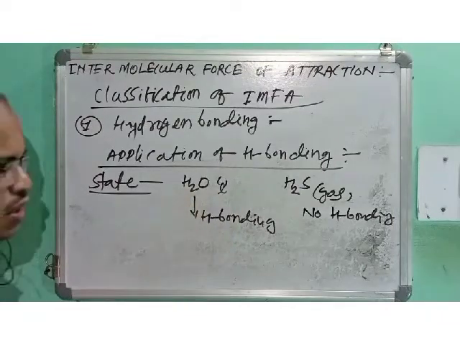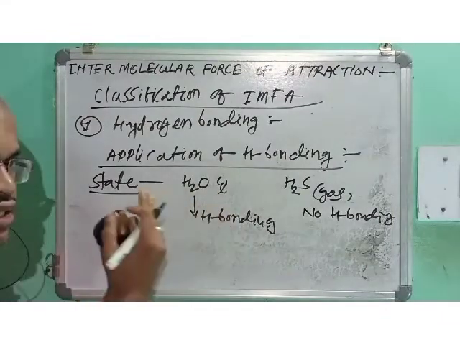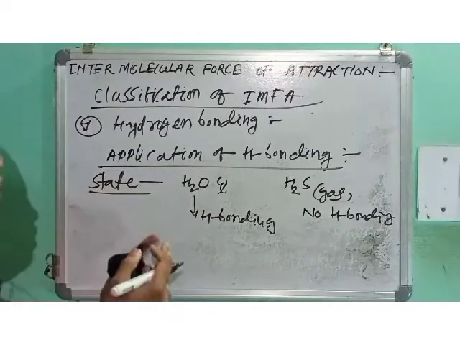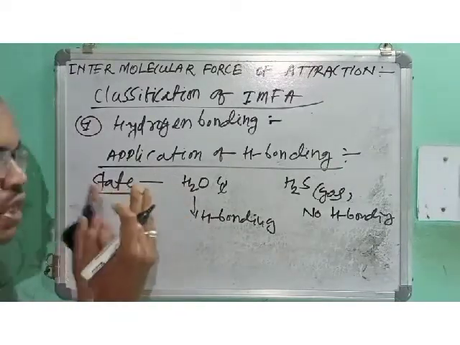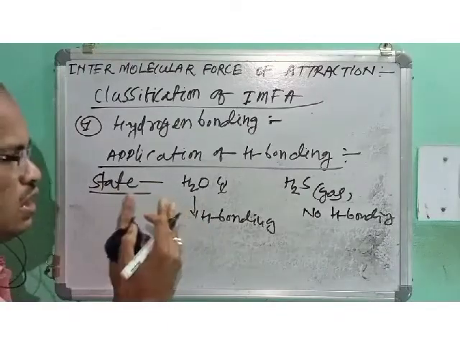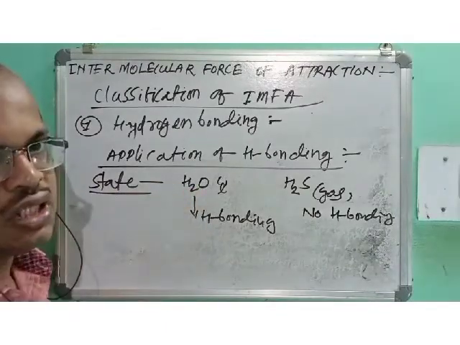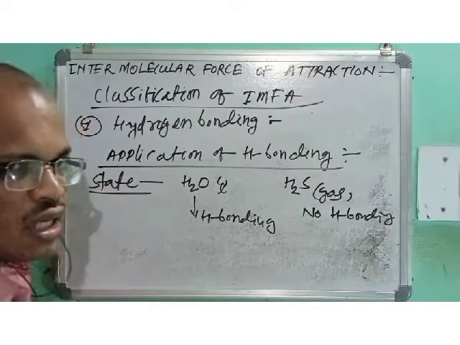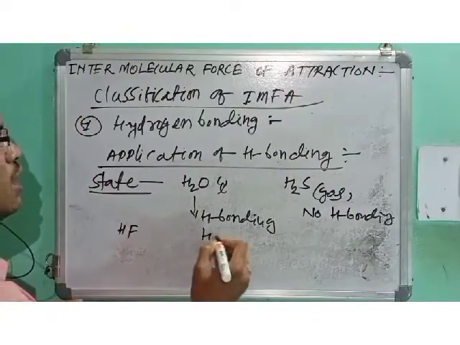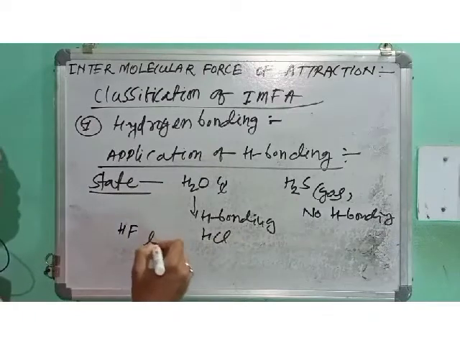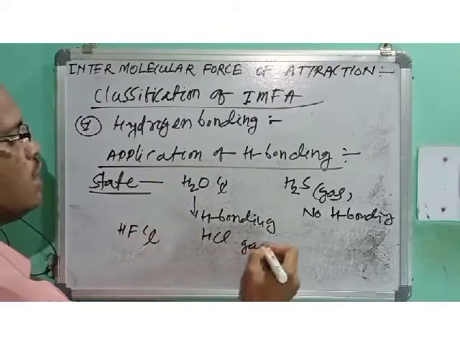Because hydrogen bonding is a strong force of attraction, the water molecules are very close to each other, so water exists in liquid state and H2S exists in gaseous state. Another example, we can say HF and HCl. HF exists as a liquid, HCl exists as a gas.